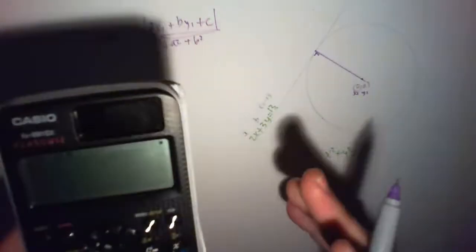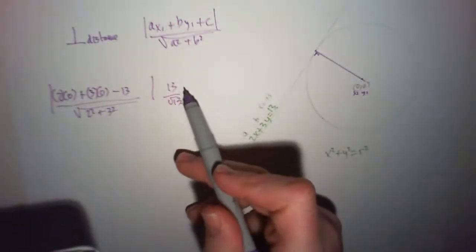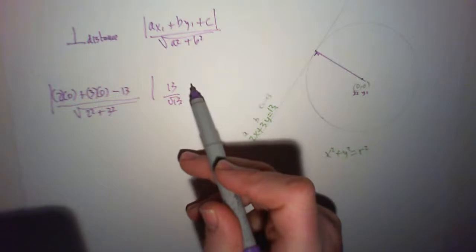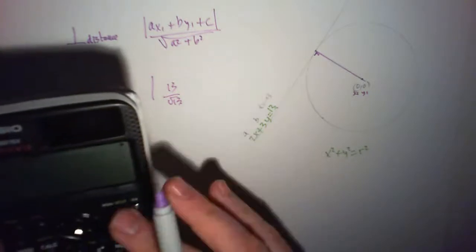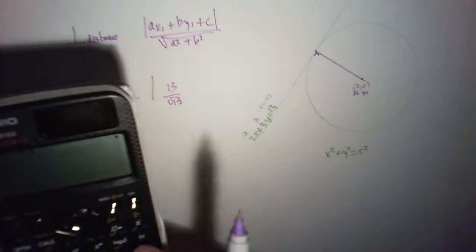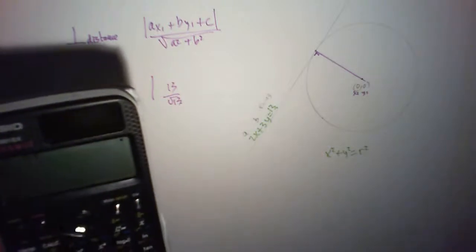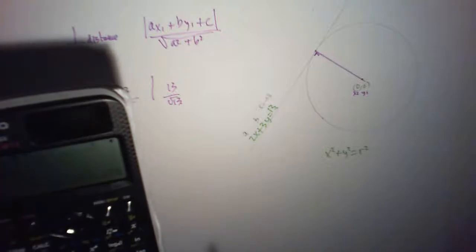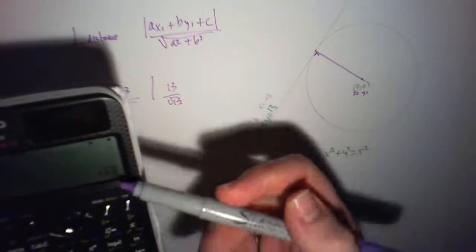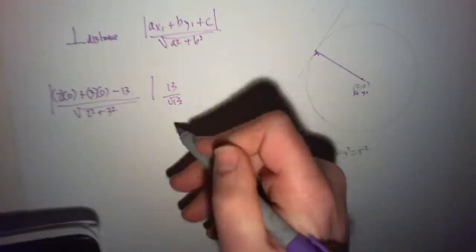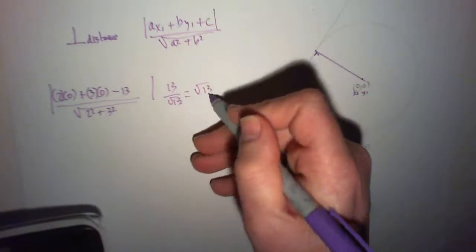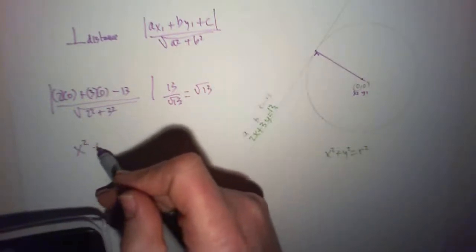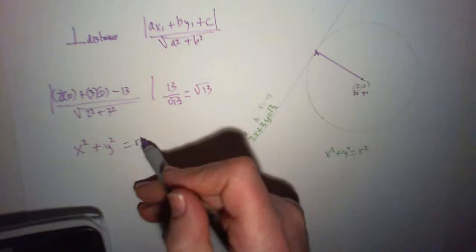So what's 13 over the square root of 13? Well, if you don't know, you can always multiply top and bottom by the square root of 13 to work it out. Let's work it out on the calculator because life's too short. It's actually root 13. So that means x squared plus y squared equals r squared.